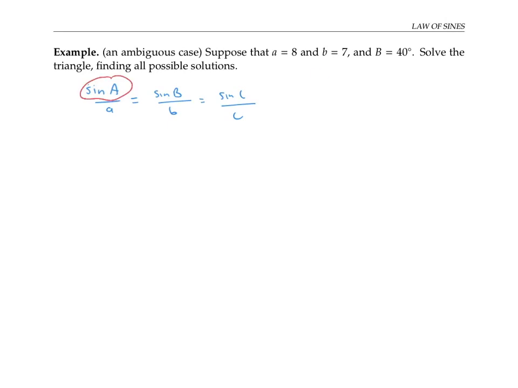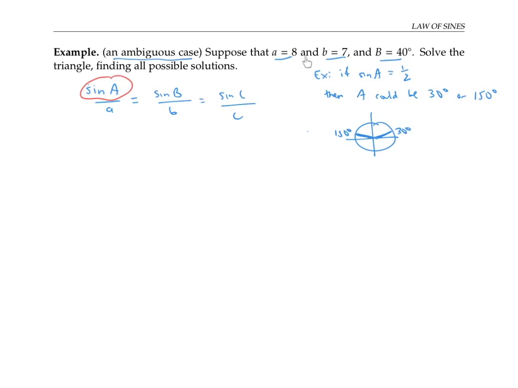For example, if sine of the angle happens to be 1/2, then the angle could be either 30 degrees or 150 degrees. In some cases, this can lead to two possible triangles that both have the conditions given. When this happens, and there are two possible solutions, I call this an ambiguous case. With that warning, let's figure out the details of this example.